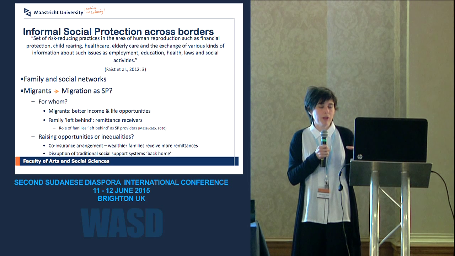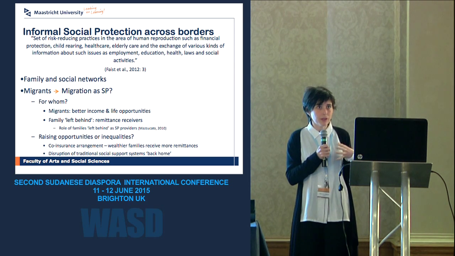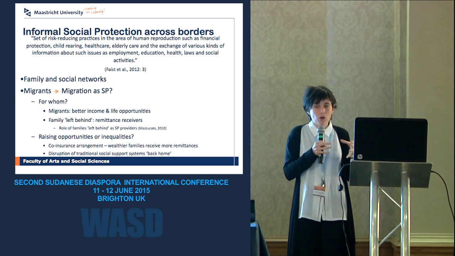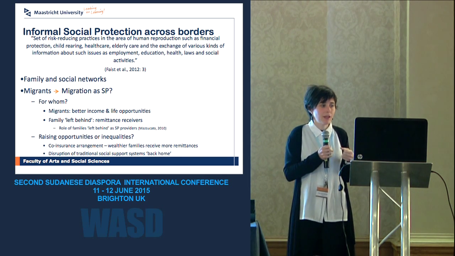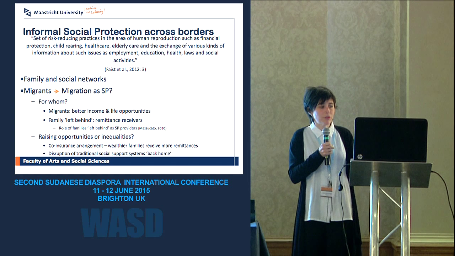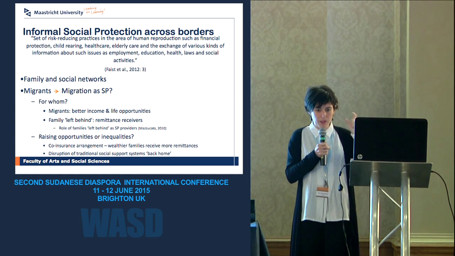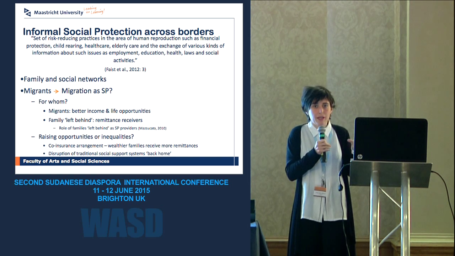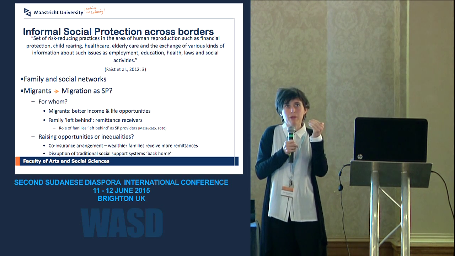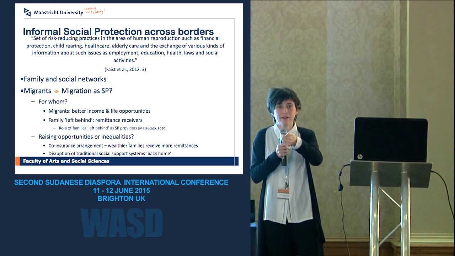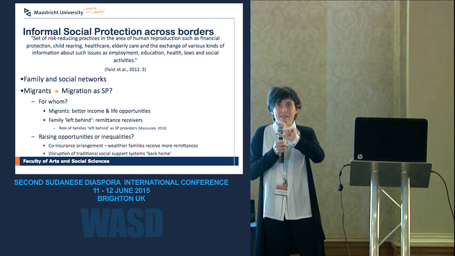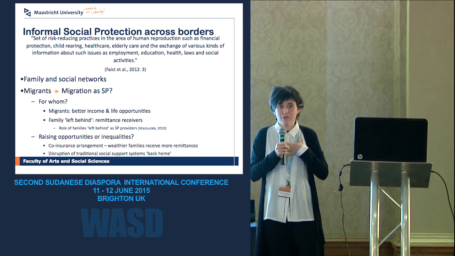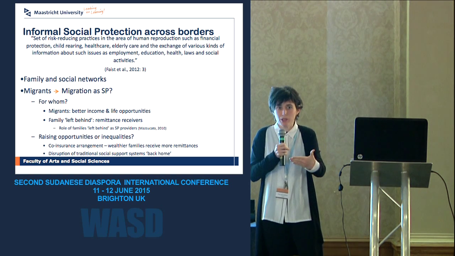So when we talk about migration as social protection, we should consider whether it's really increasing opportunities for both sides or more increasing inequalities. Migration, for example, has been understood as a co-insurance arrangement, in that the migrant would send money, and then when returning, migrants would be taken care of by the family because they've been contributing towards them.